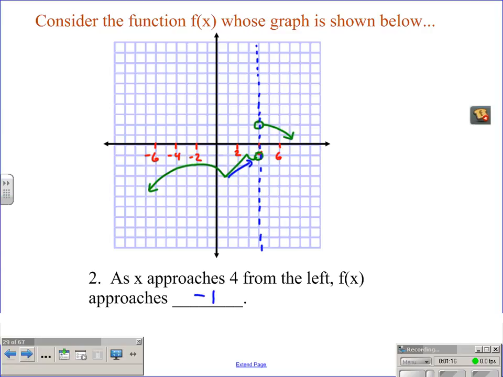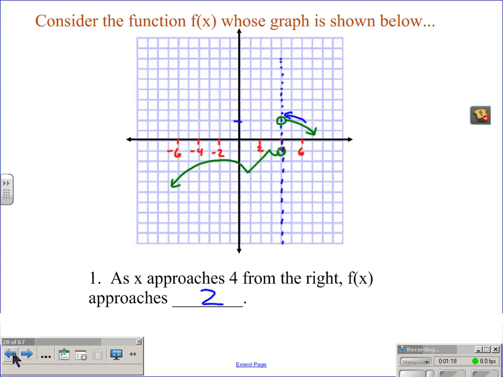Now, let's go back for a minute. When we are approaching from the right side, this is written as the limit of f of x as x approaches 4 from the right side. So that's what we're going to call our right-hand limit, and this little plus that you see here means that we want it from the right side.